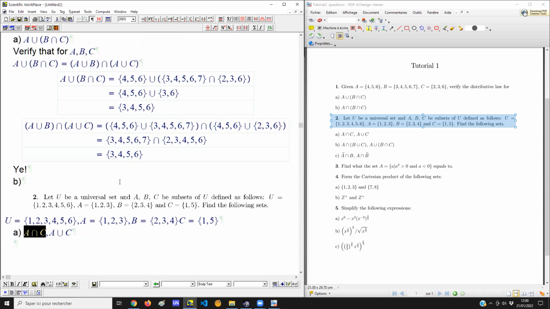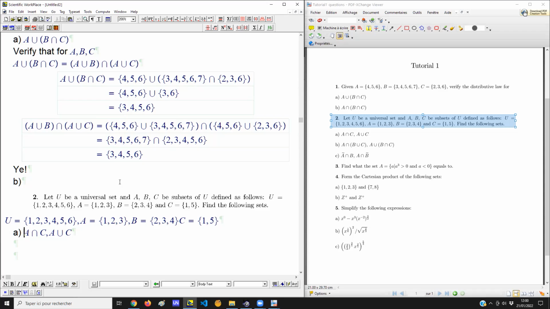So A intersection C, somebody did that. Waiting for an answer. Are you sure about this? So we need common elements. Yes, good.